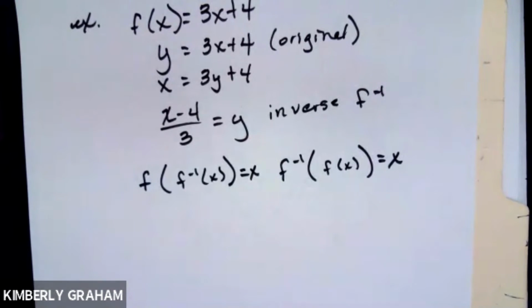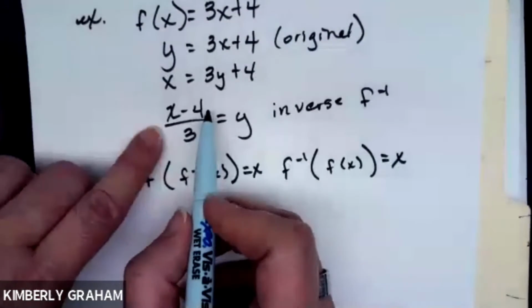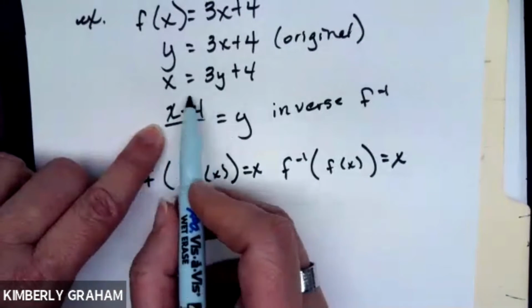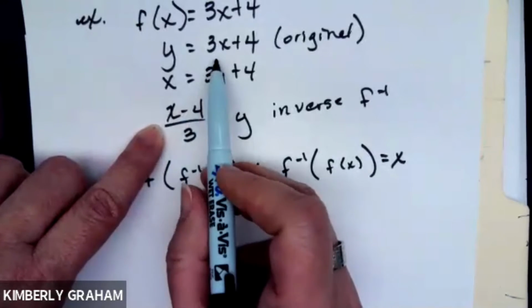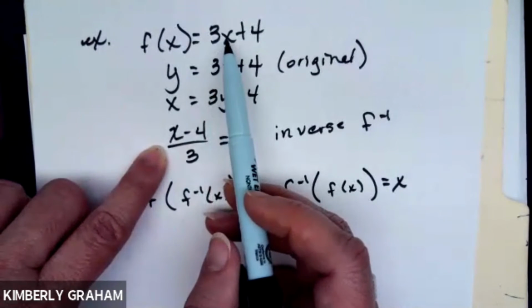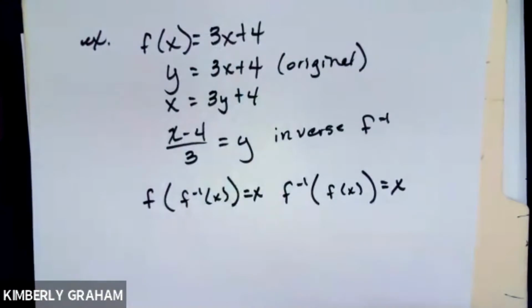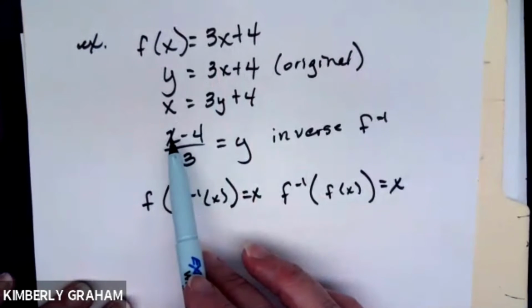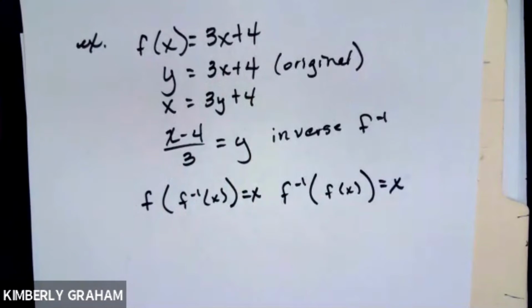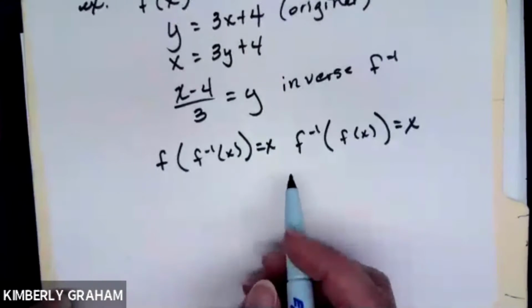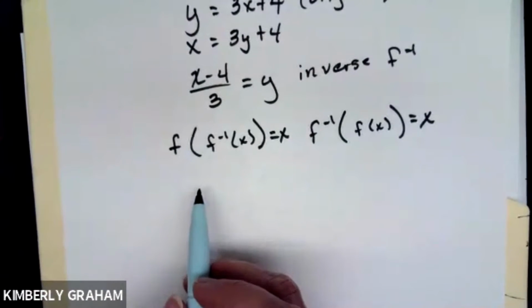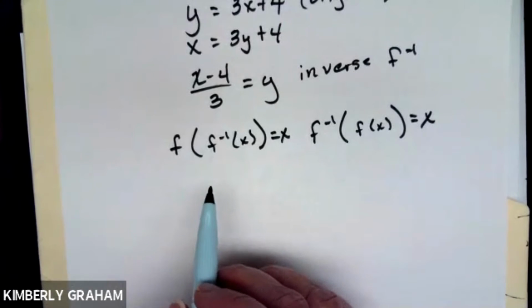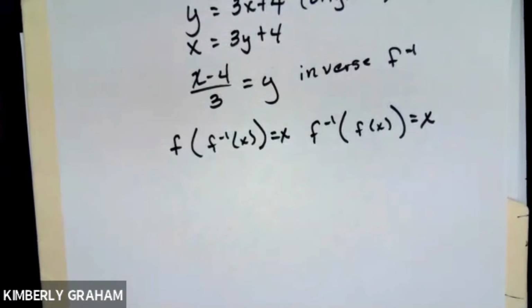They sort of cancel each other out. So if I put this expression right here in place of this x in my original function, I get out x. If I put this and this x right here, I end up solving and I get out x. And again, that works when your domains are restricted.